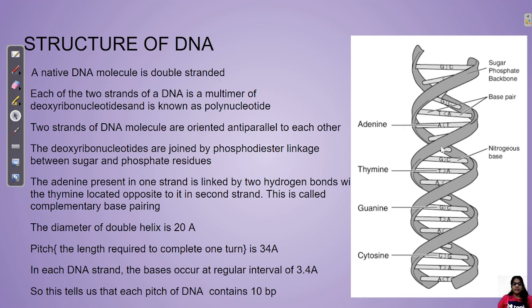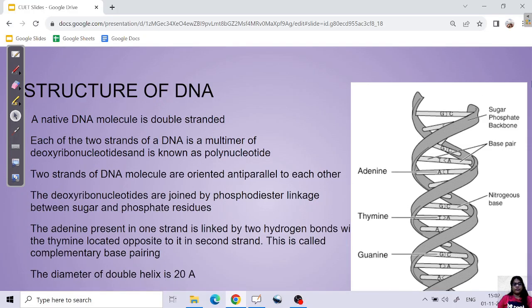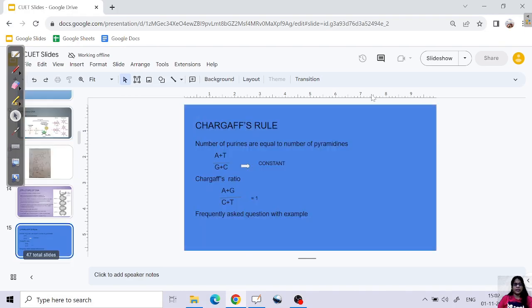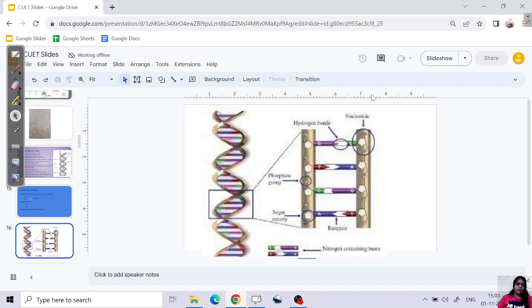It's a rough, approximate amount, just so that you get an idea how many bases there are per one turn of DNA. DNA is a multimer of deoxyribonucleotides known as a polynucleotide. You all know that it's in an anti-parallel direction. The phosphodiester linkages are in anti-parallel direction. Now I already told you about Chargaff's rule, and that these are the linkages present between the bases.